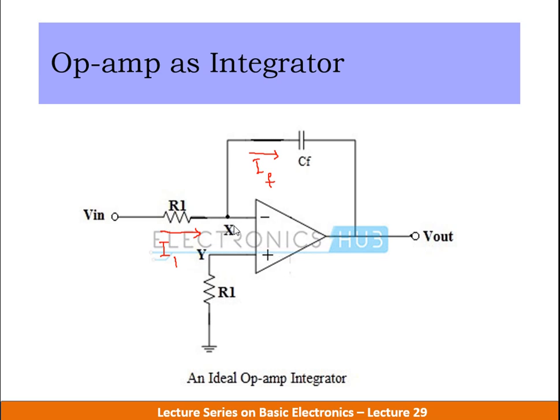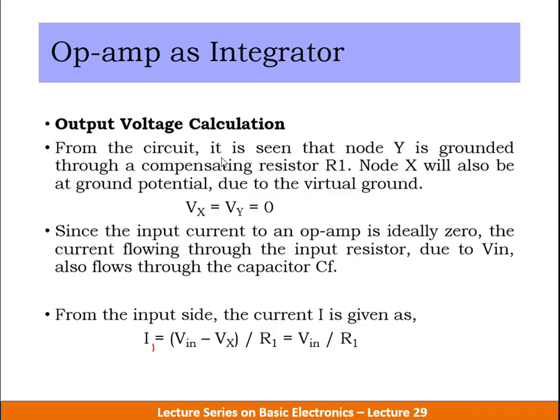That is, the potential difference between node X and node Y remains the same. Whenever the potential difference remains the same, automatically current cannot flow through the op-amp. Therefore, from the circuit it is seen that node Y is grounded through a compensating resistor R1. So therefore node X will also be at a ground potential. That is due to the virtual ground concept.